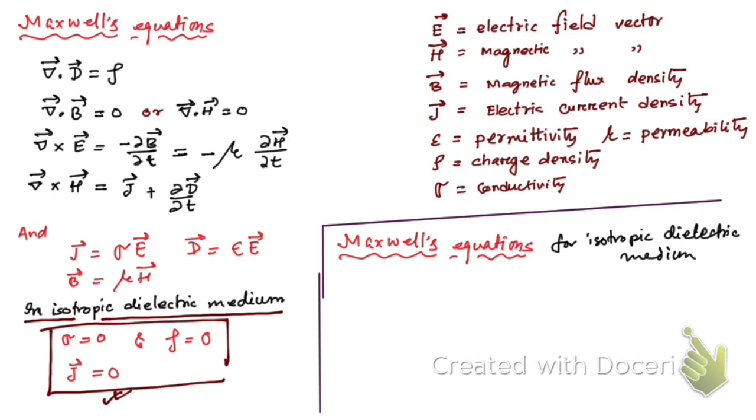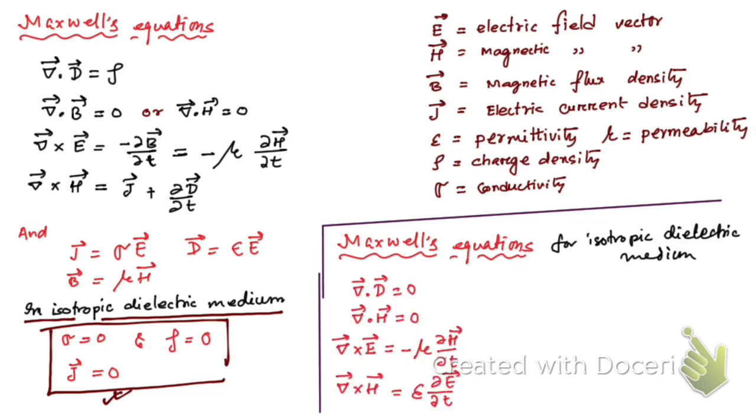In this case this term is going to be 0, the rho one is going to be 0, and this remains the same, nothing to change, and that's why J is going to be 0 here.